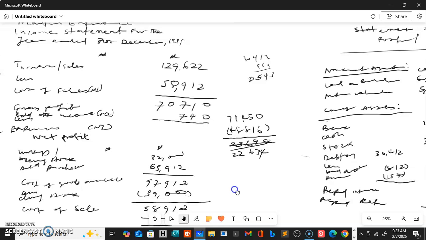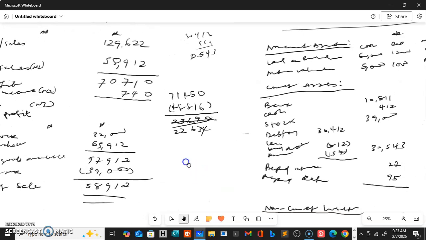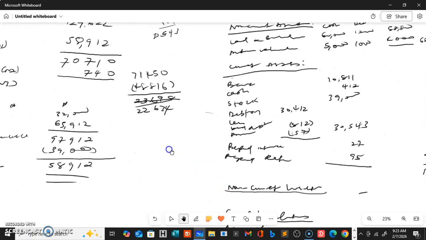So let's go back to the balance sheet. Here we're going to have 1521. Let me take this off. Should be 1521. So at the end of the day, we're going to be left with 3543. So plus 812.